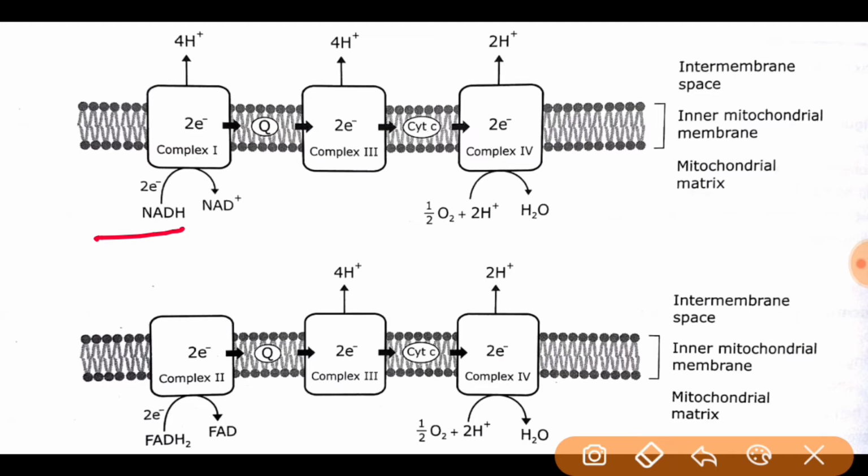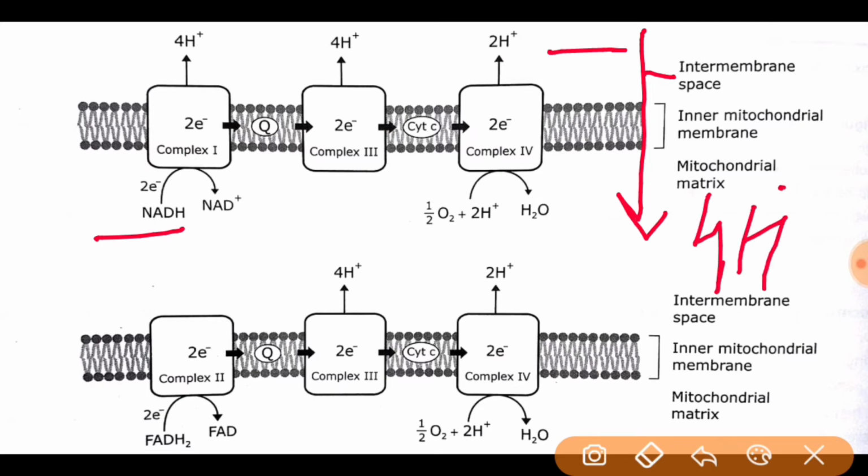Then these protons in the intermembrane space need to be taken back into the matrix, and this work is done by the ATP synthase complex, and ATP synthase complex forms 1 ATP as it pumps 4 protons.